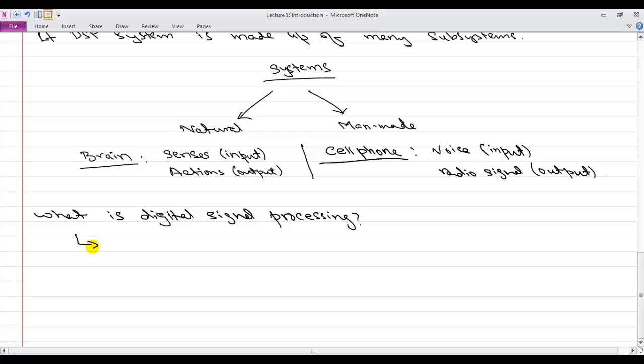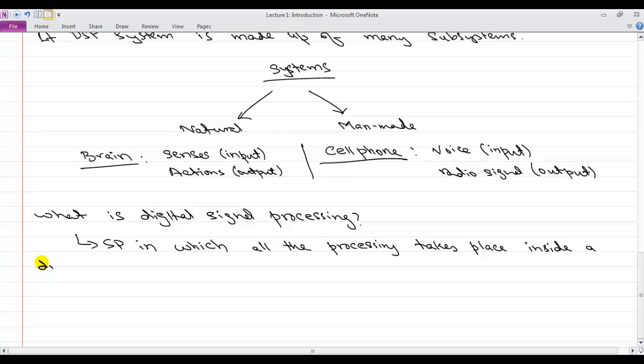So signal processing (and I'll be using the abbreviation SP for signal processing often) in which all the processing takes place inside a digital system, digital signal processing, then by its very nature, will require digital hardware and some software.